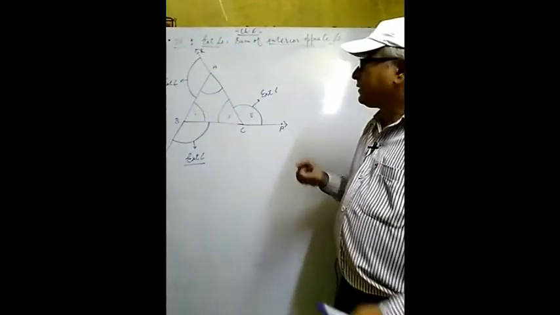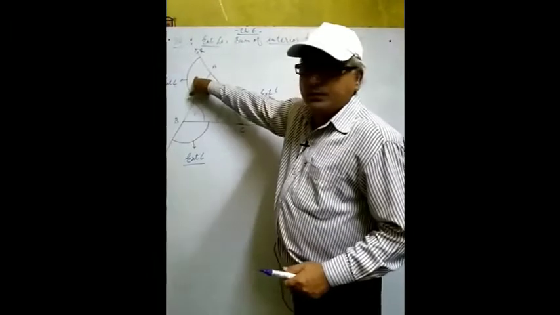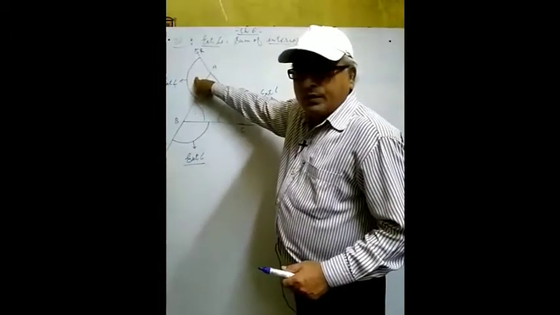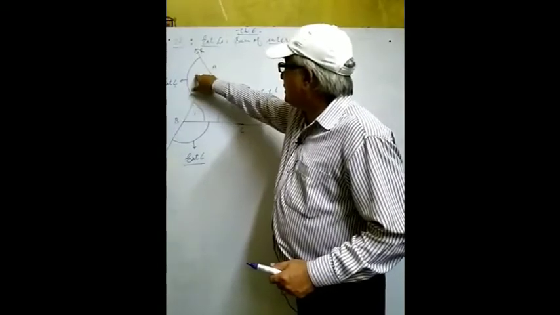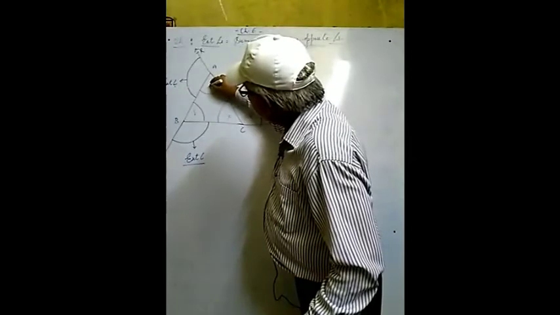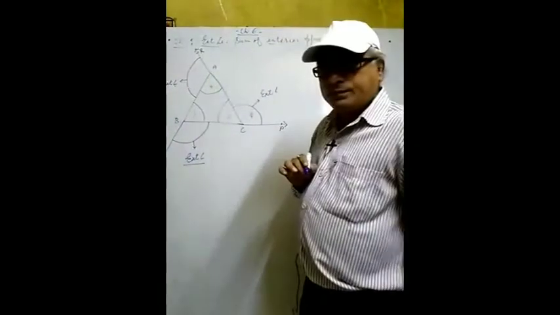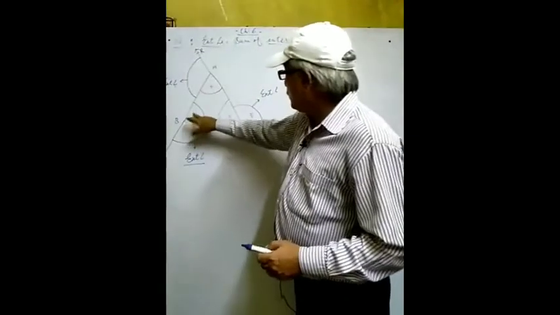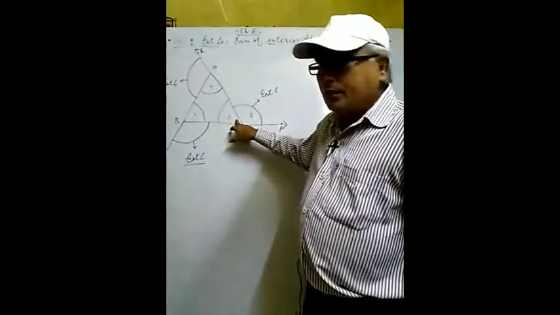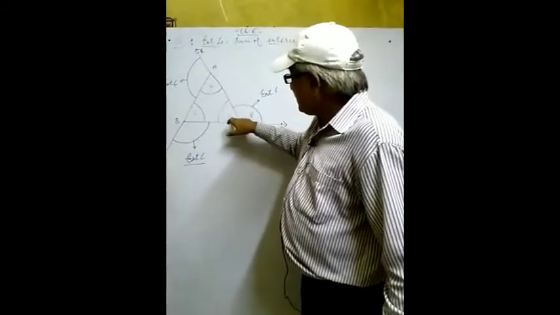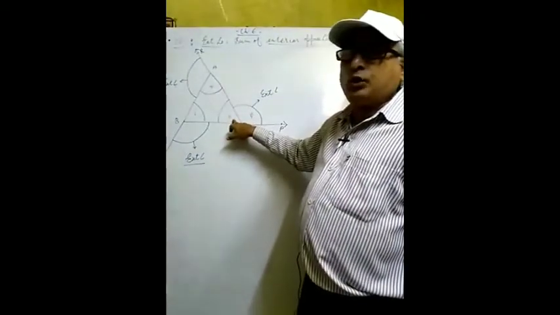Again see, if we are talking about this exterior angle, the interior angle closest to this exterior angle will be removed from the mind. If this one is removed, these two angles are remaining. So for this exterior angle, this angle and this angle are interior opposite angles.